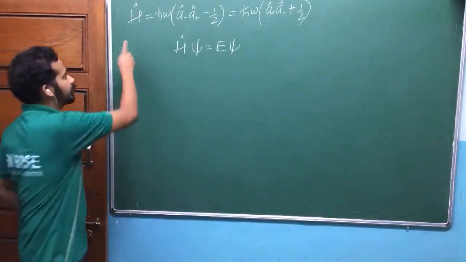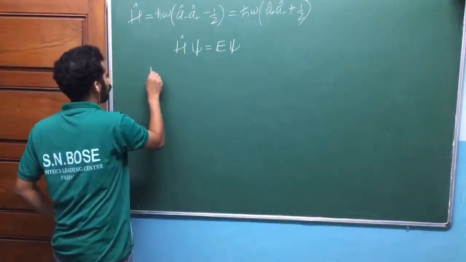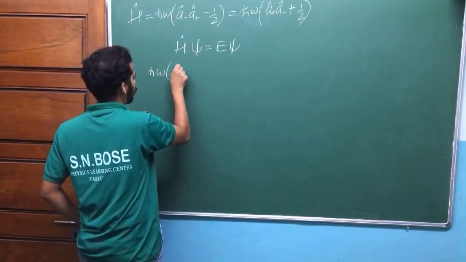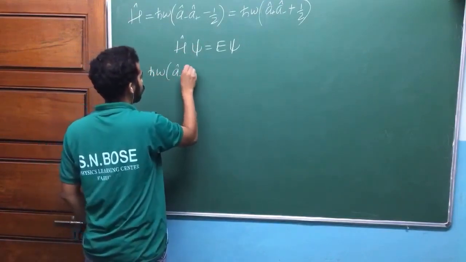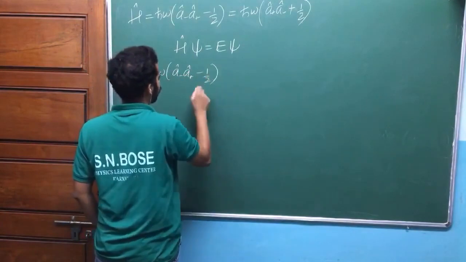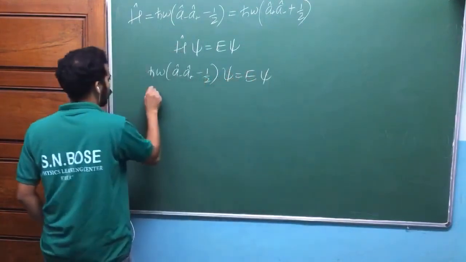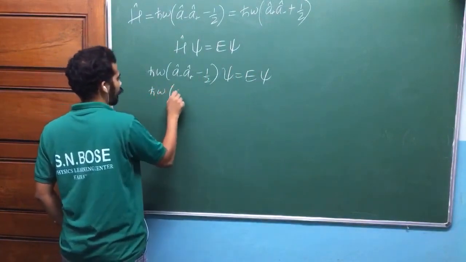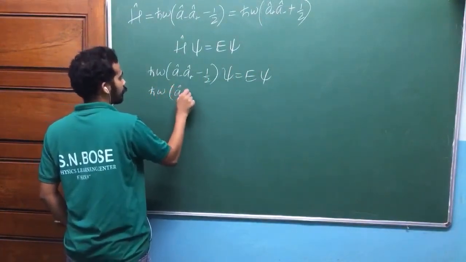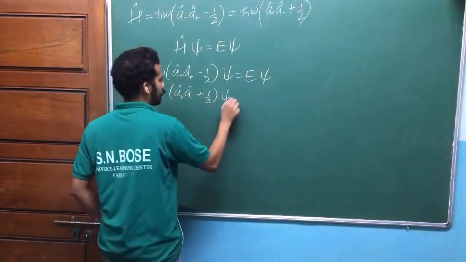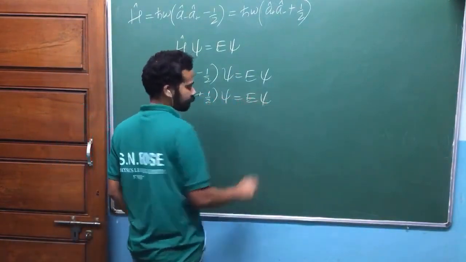Now I can substitute any one of these. I can write h bar omega into a minus cap, operating on psi is equal to E into psi. Or I can write h bar omega into a plus cap a minus cap plus half, psi is equal to E into psi.